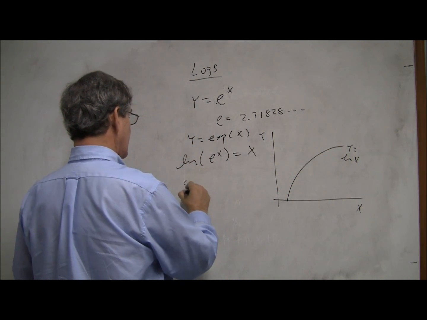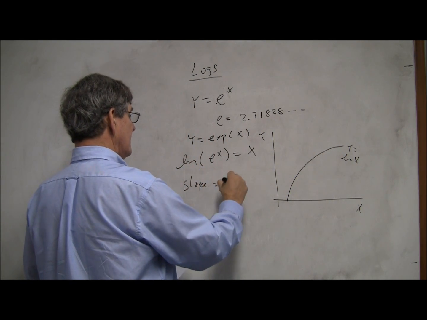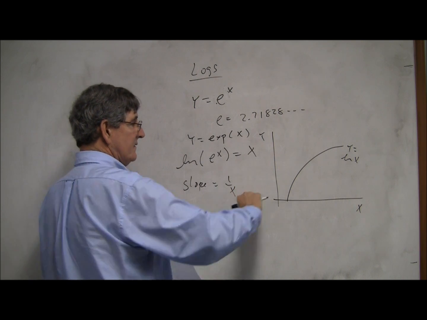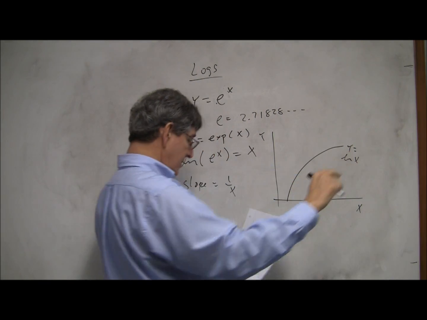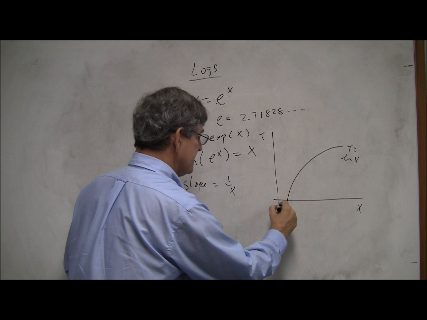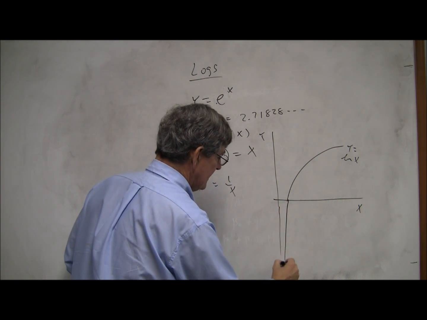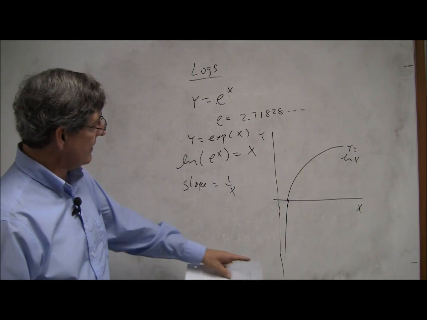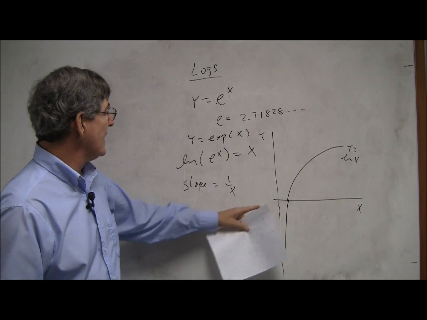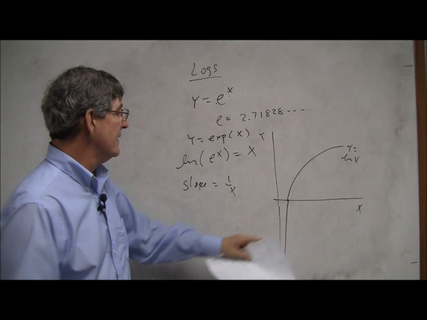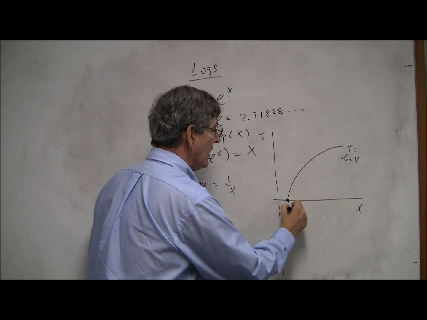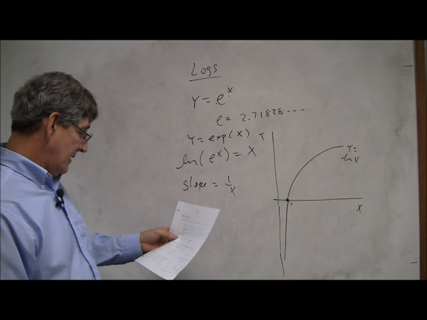The slope of that function is 1 over x. So as x goes to infinity, the slope goes to 0 eventually. And then it goes down here. It asymptotes to negative infinity down here. So log of 0 is minus infinity. This is 1. Log of 1 is 0.